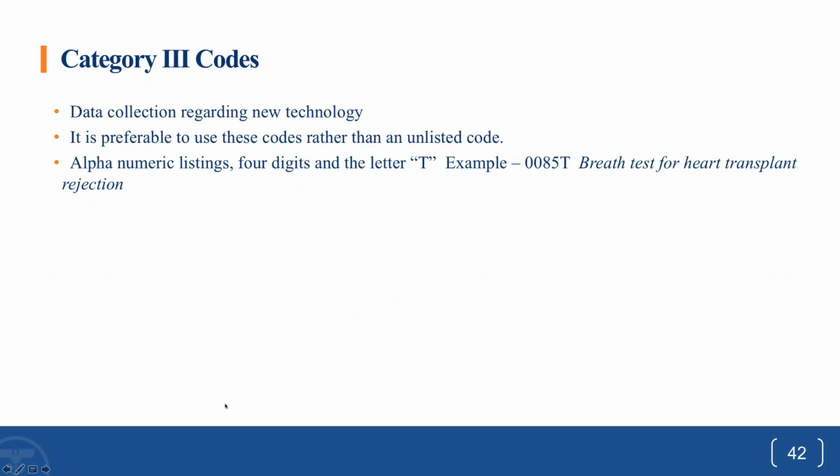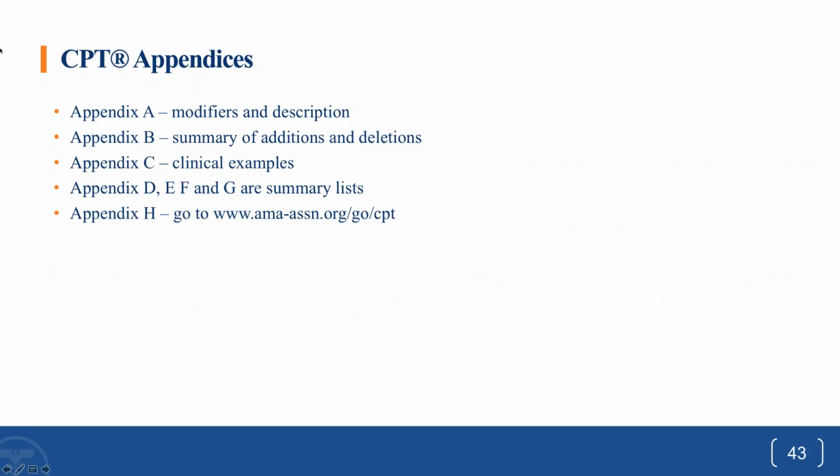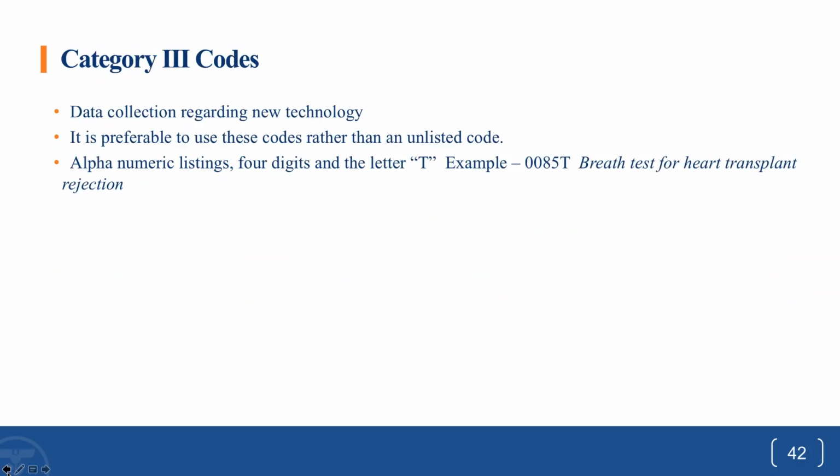And category 3 codes, which are also just for data collection. Remember, they look and see how many times a provider is providing a particular service, and then it's reported with this code.